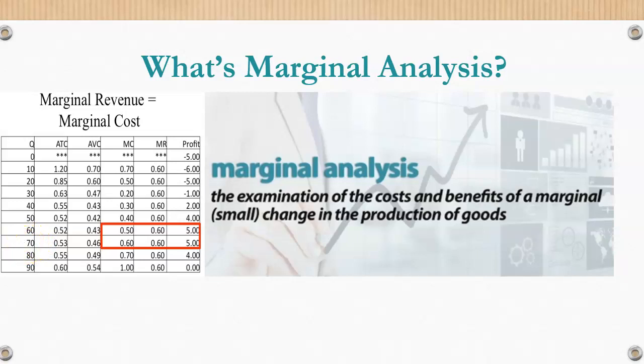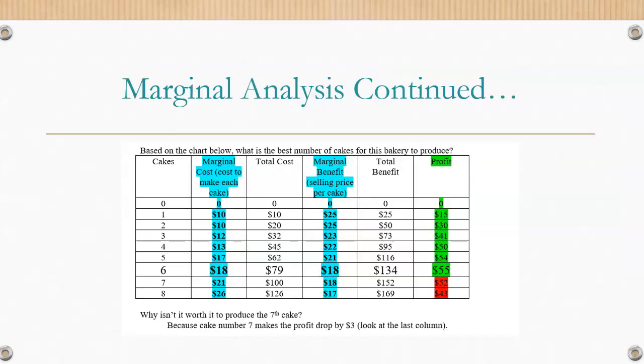Now, I want to take us to a table that you guys have in your booklet. This is a table that highlights for you how to really look at marginal analysis. So we have a bakery that produces X number of cakes. Each cake has a particular cost.